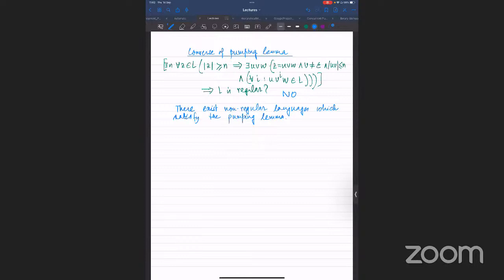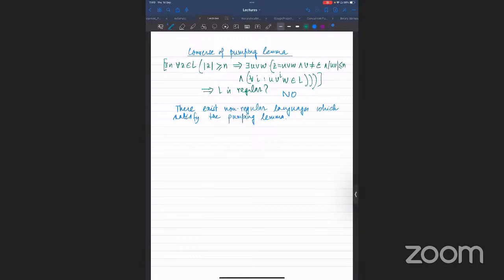Clear? What are we saying? We are talking about the converse of the pumping lemma. What was the pumping lemma? If a language is regular, then you can pump a V which is not epsilon. The converse is that if you can pump a V which is not epsilon, then is the language regular? And it turns out to be no, which means that there exist non-regular languages which also admit pumping.